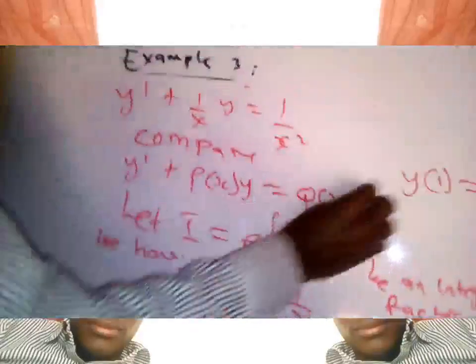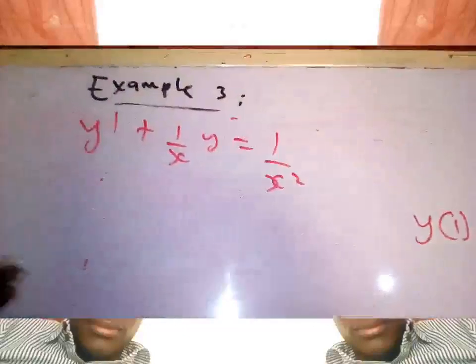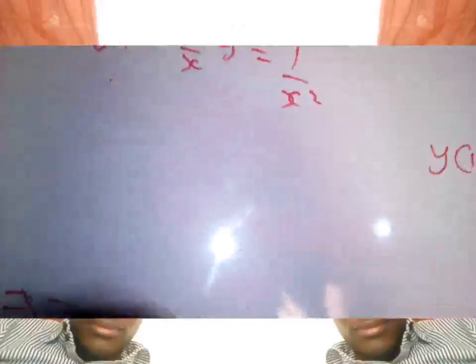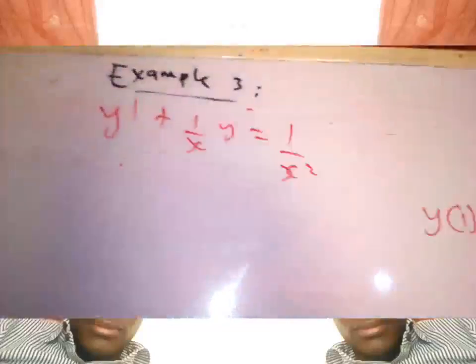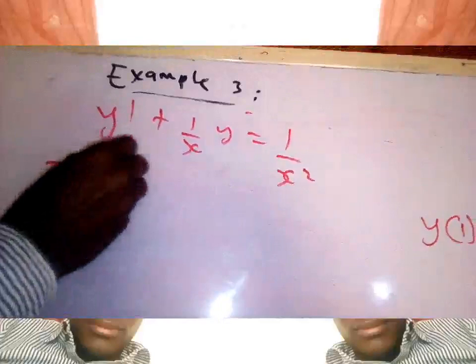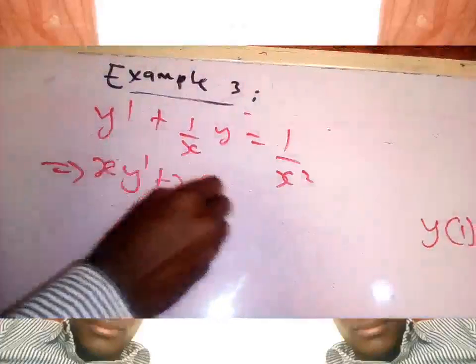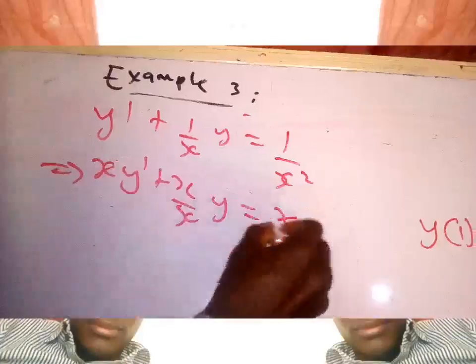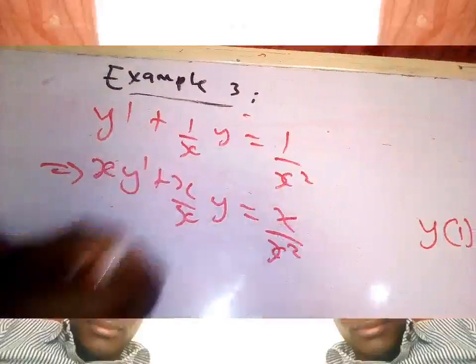Now this is I. Multiply this equation by the integrating factor x. This implies that we are going to get x y prime plus x over x y is equal to x over x squared.